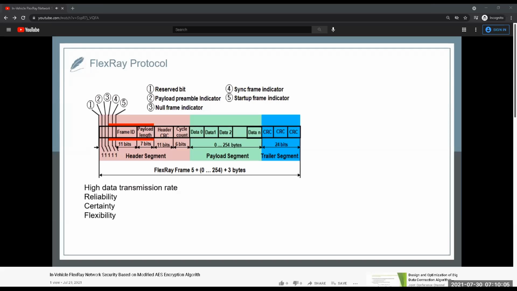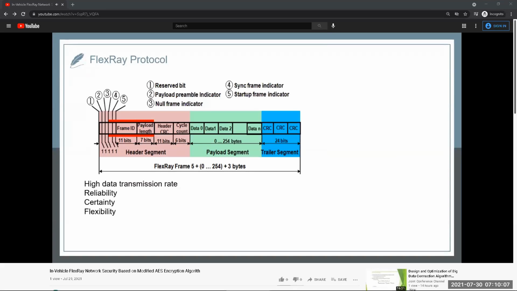We can see the payload length indicates the length of the payload of the frame, and the header CRC is used to check the redundancy of the header segment and errors in transmission. The payload segment contains valid data to be transmitted. The trailer segment is composed of a 3-byte CRC check code.